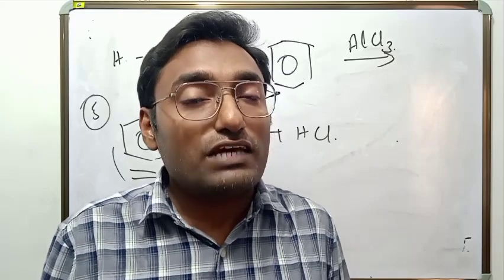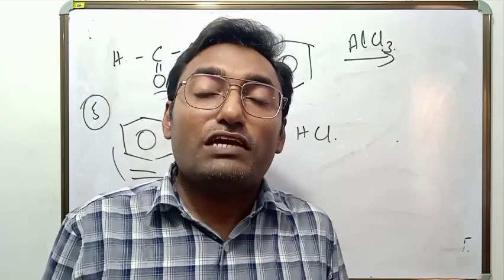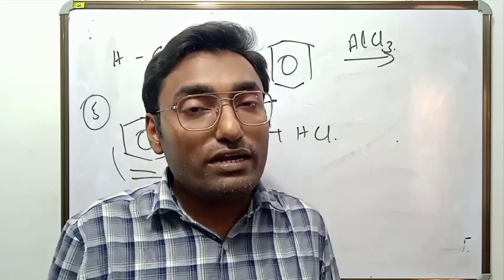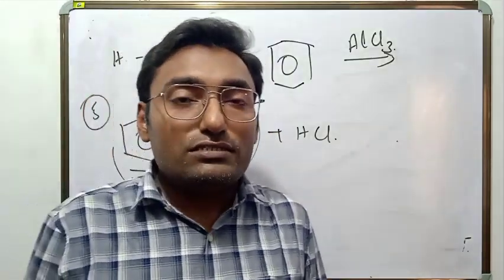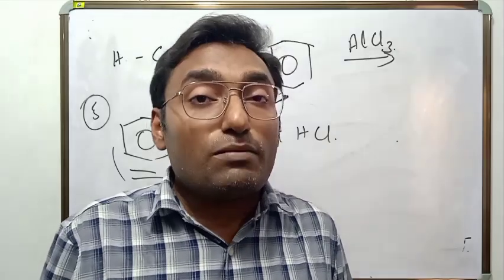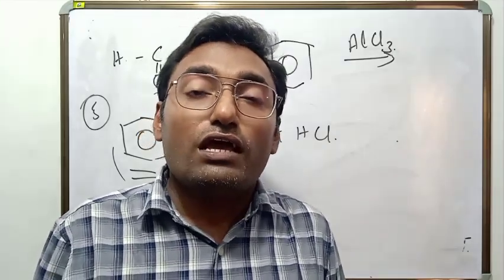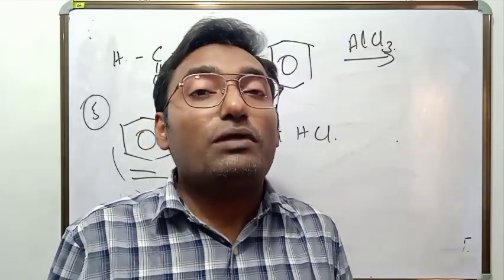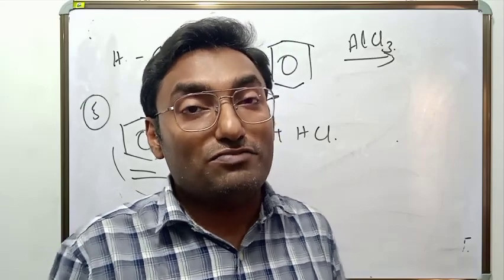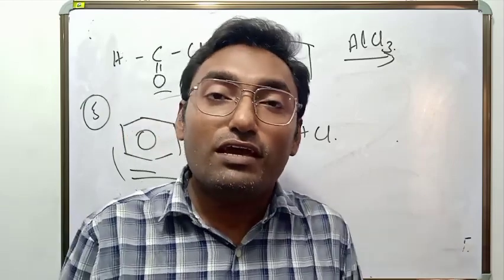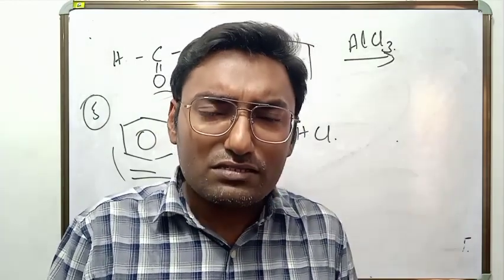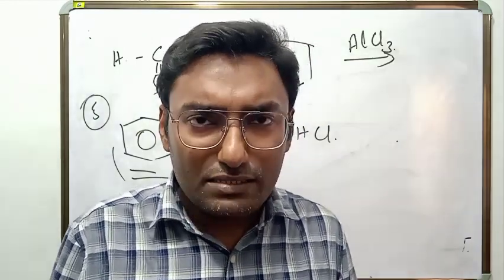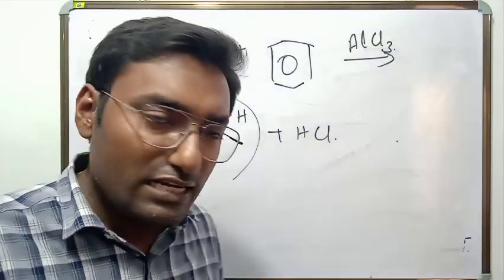Number 3, we have made benzoyl chloride, aromatic acid chlorides. We have made aromatic carboxylic acid, which is number 4, and number 5 we have made aromatic aldehydes. We have shown here how we have made benzaldehyde. Now dear students, let us go to the mechanism of Friedel Crafts acylation.